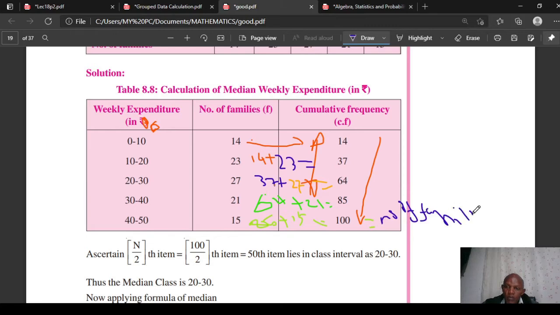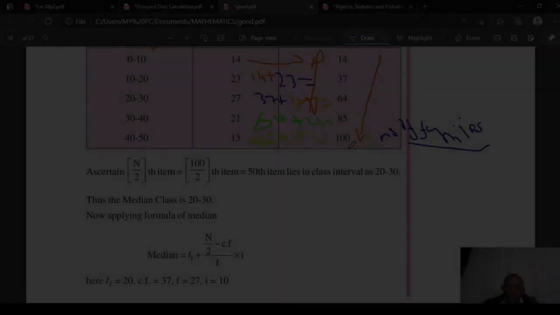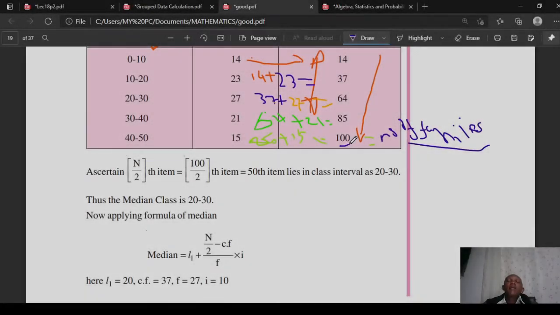We are dealing with the number of families, by the way. So now if this is the number of families, we have 100. So what will be the median family? We want to ascertain the n over 2th item. So the median family here will be 100 divided by 2.